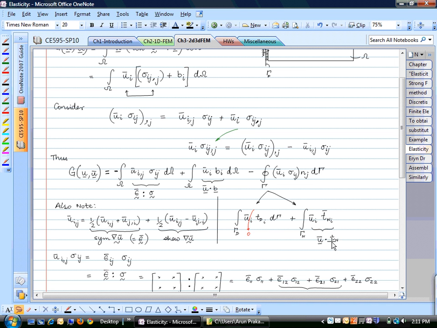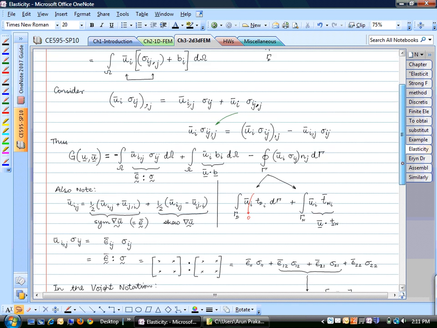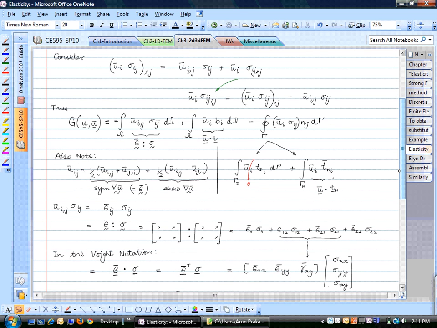Okay, so it's the same sort of setup here also. But there's a little bit of a difference from the heat conduction problem, because what we want to do now is to be able to write this in terms of symmetric tensors. So ui comma j is going to be represented with a matrix.